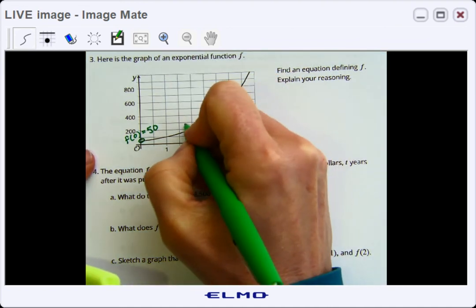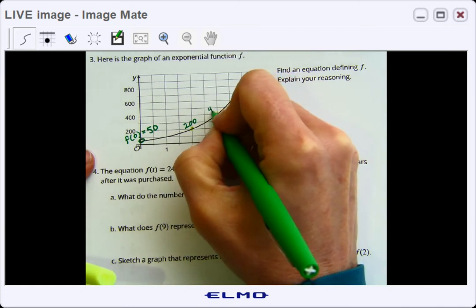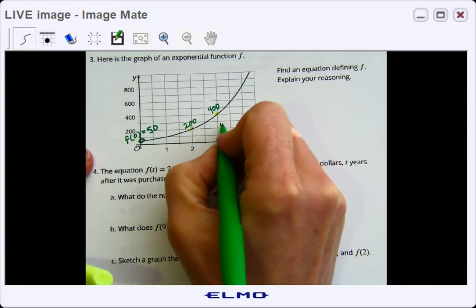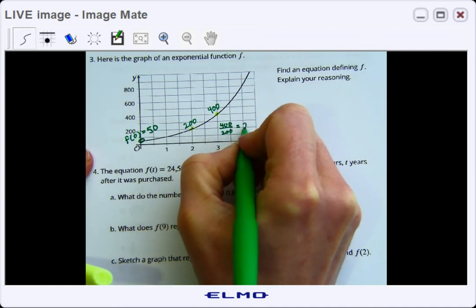So this is 200, and this is 400. And so I just have to divide to get the growth factor. And obviously 400 divided by 200 is equal to 2.